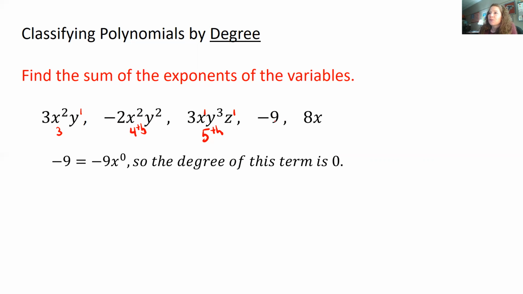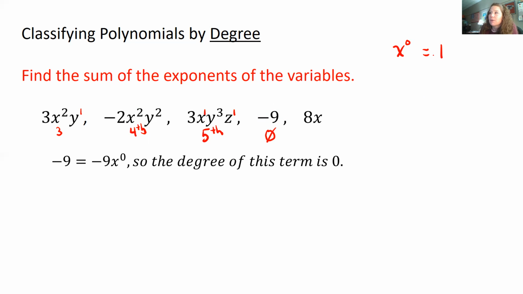Now, this one looks like you would say, okay, there isn't a variable. I agree with you, but there's an exponent rule that anything raised to the 0 power is equal to 1. So -9 is a monomial, it's a constant, but the degree is actually 0, not 1, because let's pretend we added an x to the 0 power.